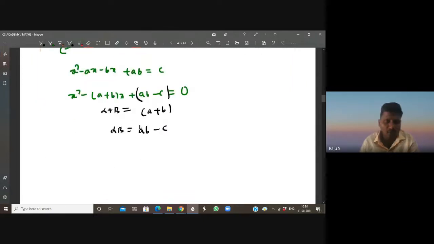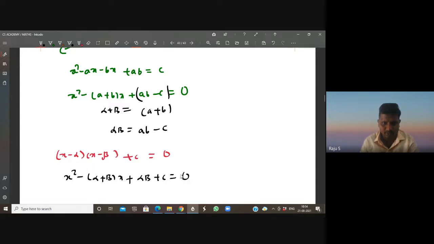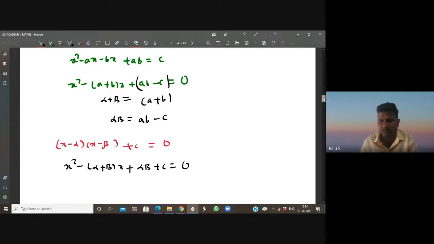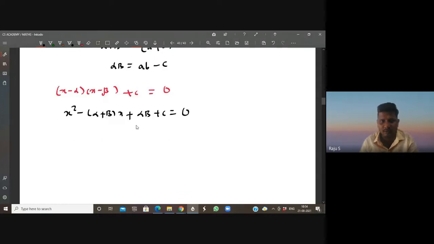Okay, this is one. Then after that, I want to take another equation, whatever equation they have given: x minus alpha into x minus beta plus c is equal to 0, right? Now, when I multiply this, we are going to get x square minus (alpha plus beta) into x plus alpha beta plus c is equal to 0. What is the condition over here?